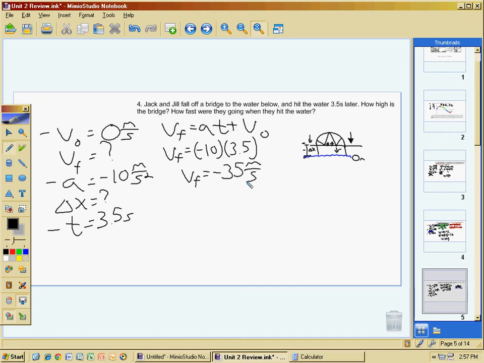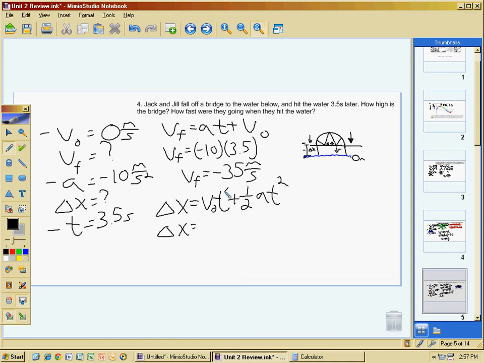For example, for delta x, we have an equation that does not use V final, so I would go ahead and use that one. You could use the VF squared equals V naught squared plus 2A delta x, but it's usually not the best idea. Once again, we know everything, so we plug it in.